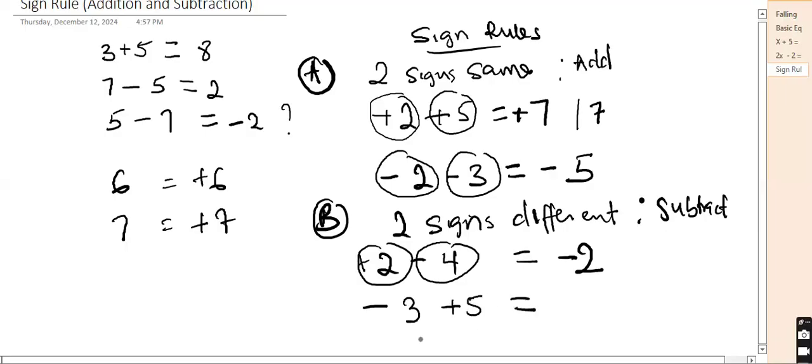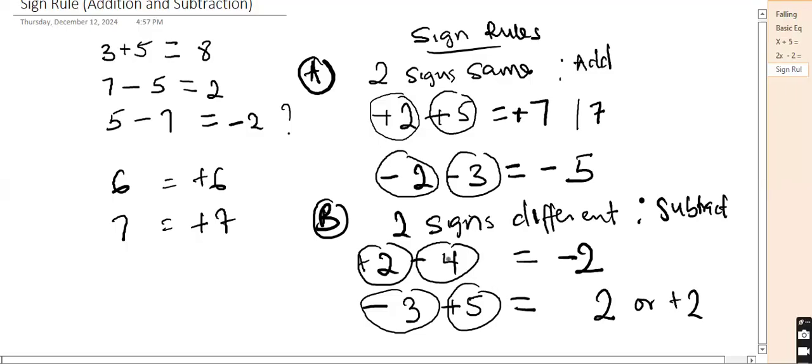The signs are different, because I have minus 3 and plus 5, two separate numbers, so two separate signs. So what do I do? I subtract, and I put the sign of the larger number at the answer. Irrespective of the sign, the larger number is 5. 5 is carrying a plus, so I'm going to leave it as plus 2, or I can leave it as 2.